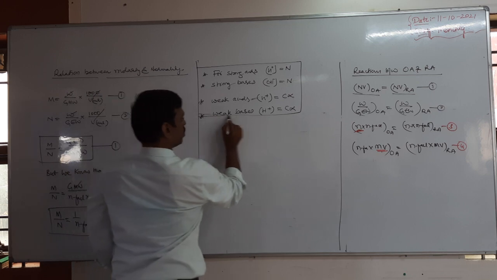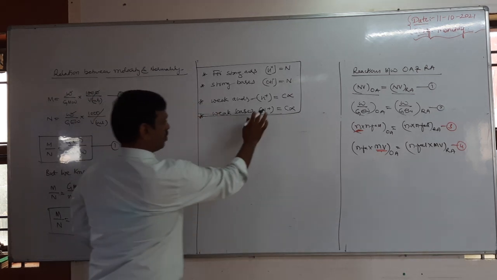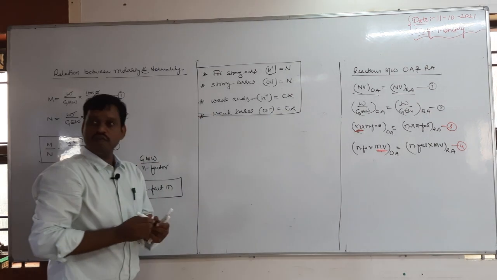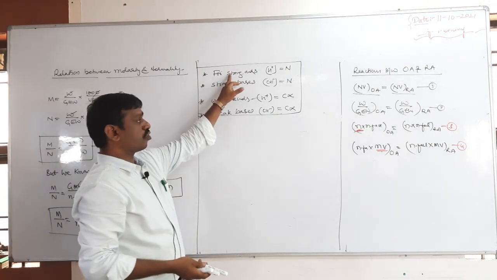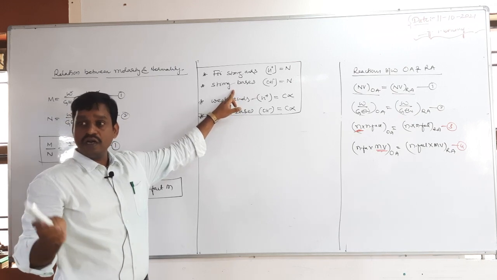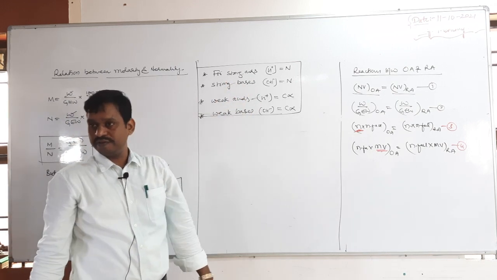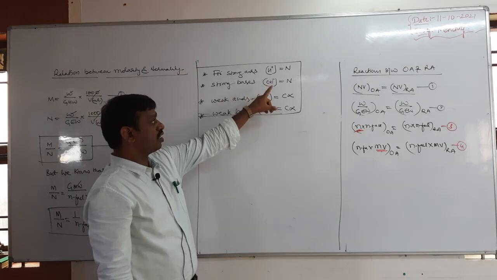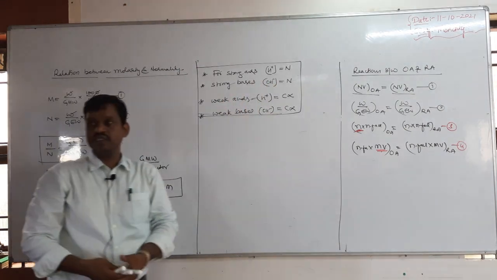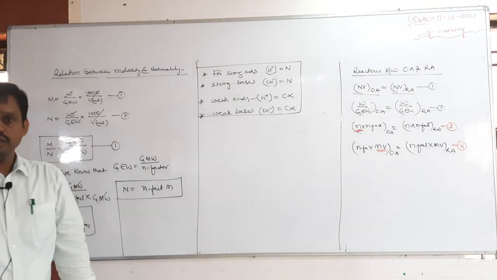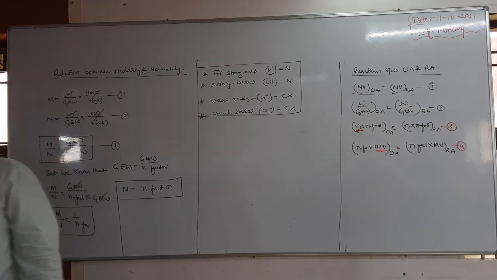So in case of strong acid and strong base, normality equals H plus or OH minus, but not molarity. Molarity is not equal to H plus, only normality is. Okay. So that is about normality. Next we will study equivalent mass.